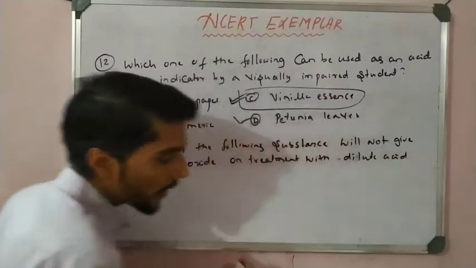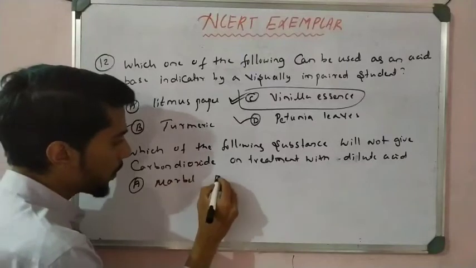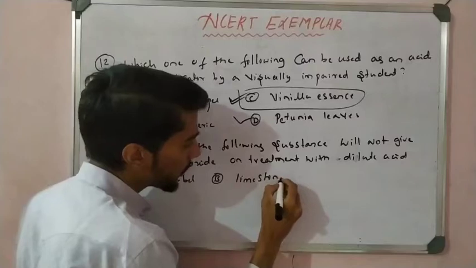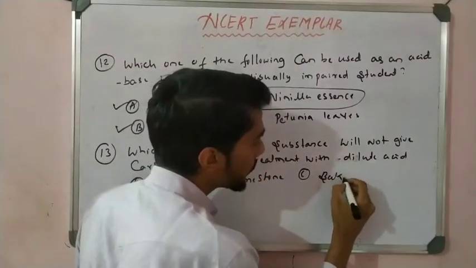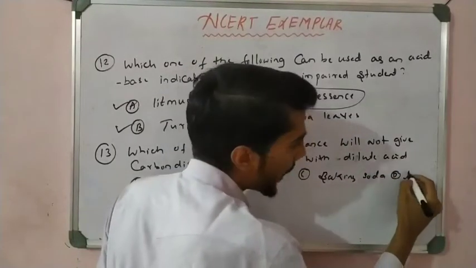Option A marble, option B limestone, option C baking soda, and D is lime.